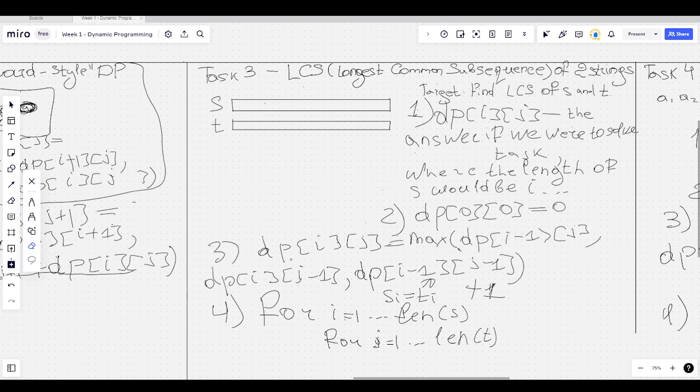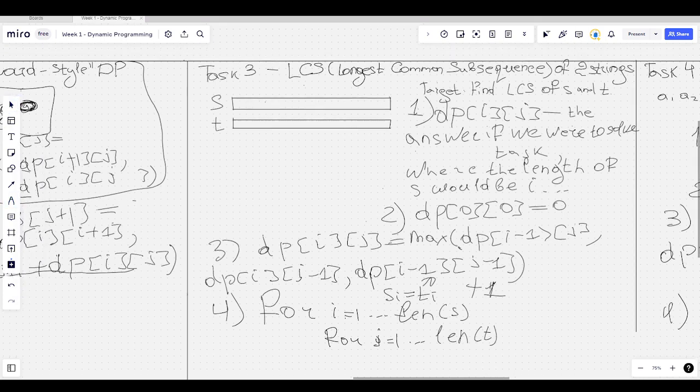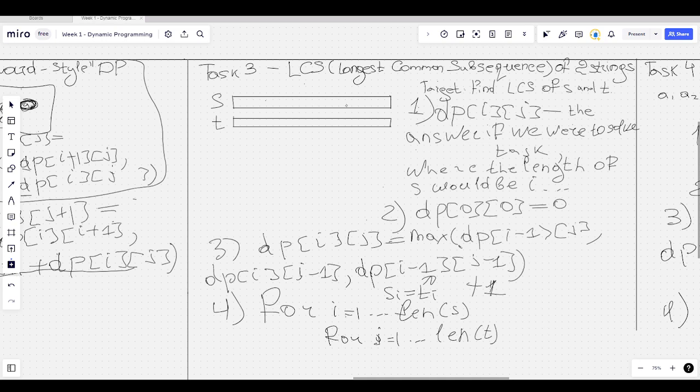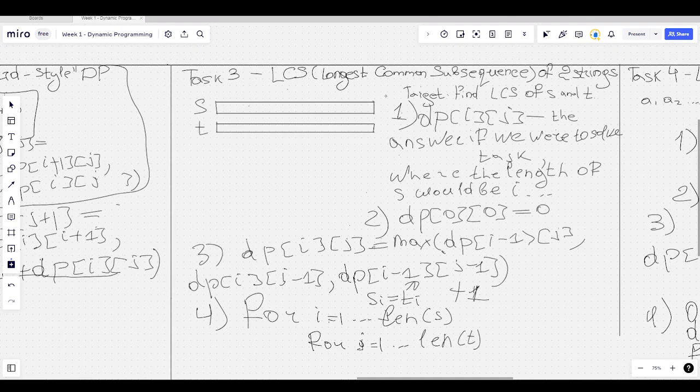Third question, the calculation formula. Okay. It's not convenient.